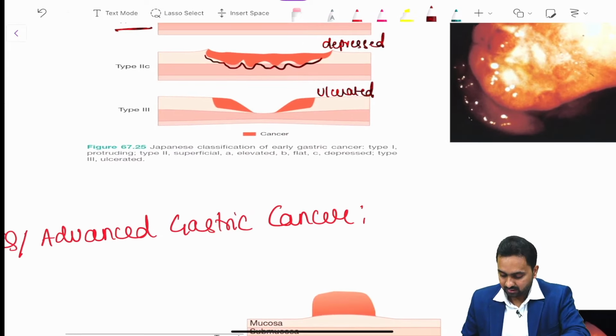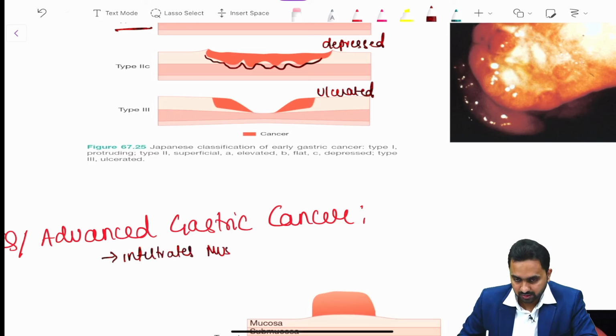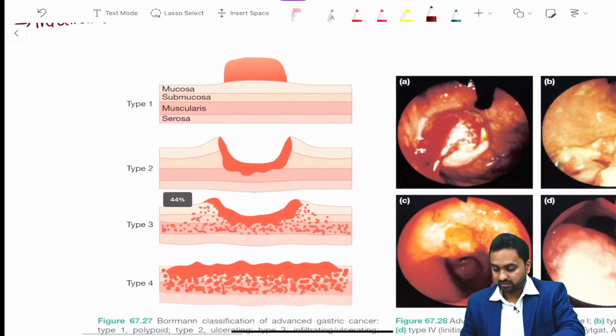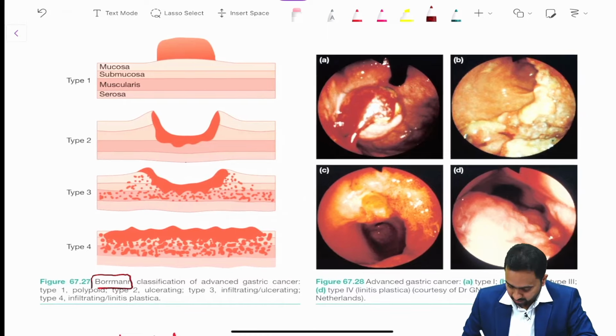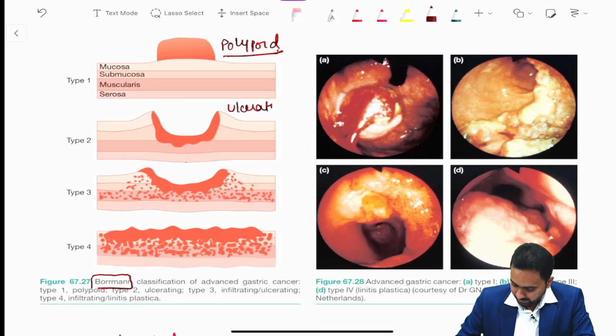Now, we have advanced gastric carcinoma. Advanced gastric cancers basically infiltrate the muscularis. There is a classification system for advanced gastric cancer too, which is the Borrmann classification. Type 1 is the polypoid type. Type 2 is the ulcerating type.